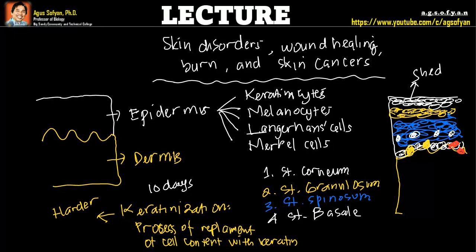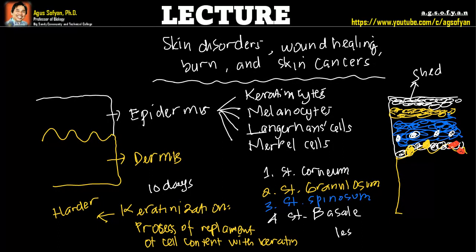But some people have an abnormality where keratinization goes faster, in less than 7 days.